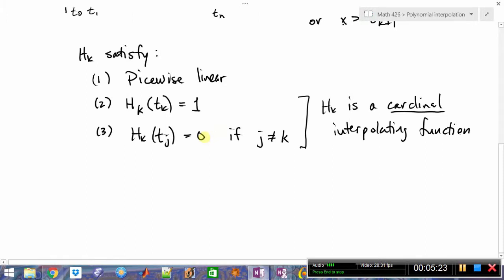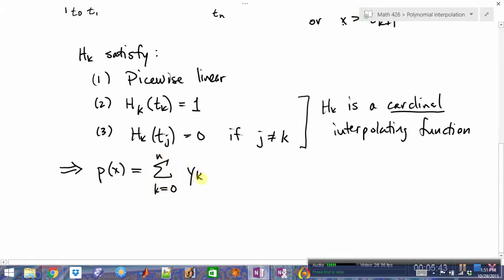One of the nice conclusions that follows from all three properties is that determining the coefficients in this linear combination is trivial. These are just the data values.